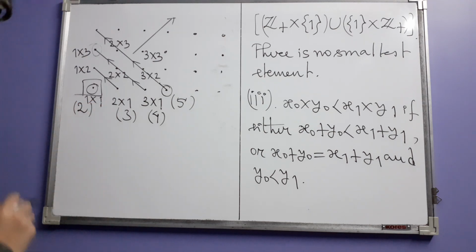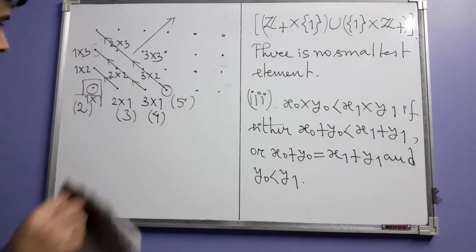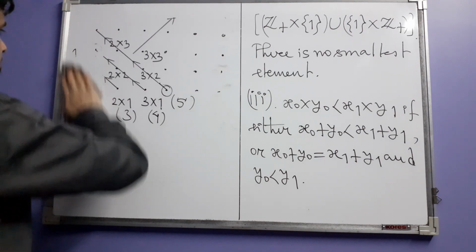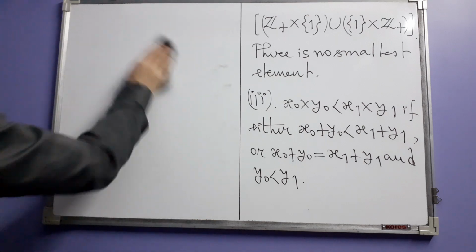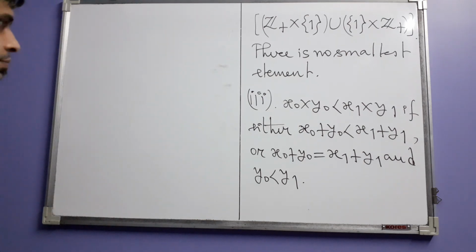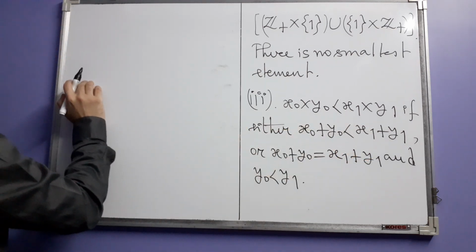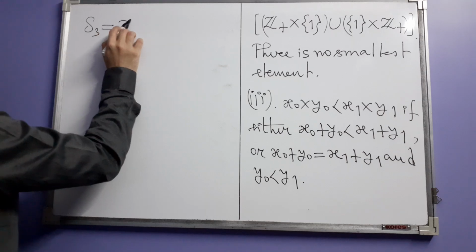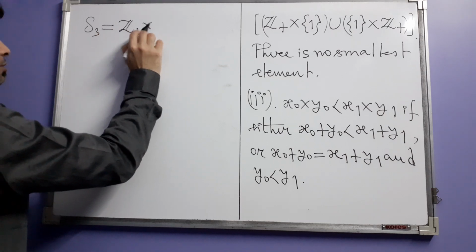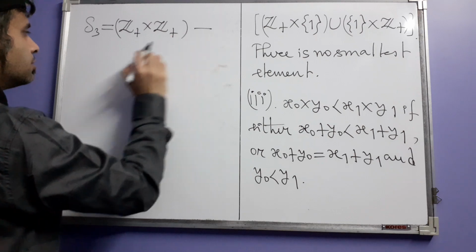Okay. So for this third one, we already have started there. That set of those points which have immediate predecessors is this.